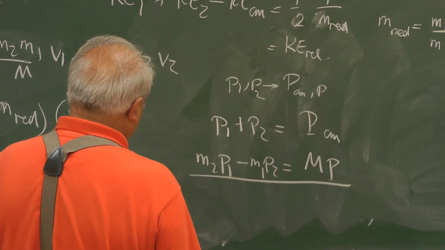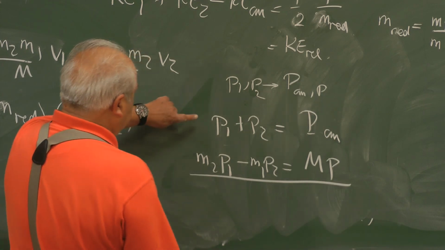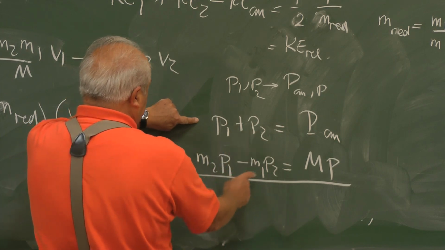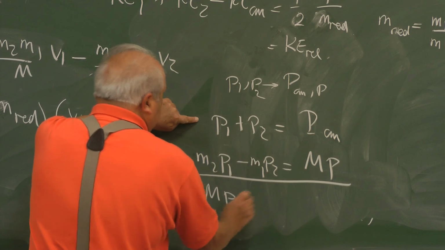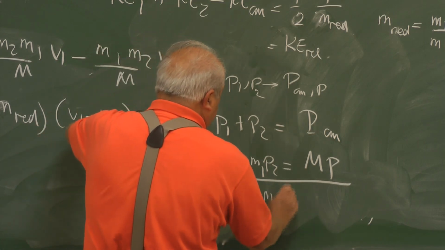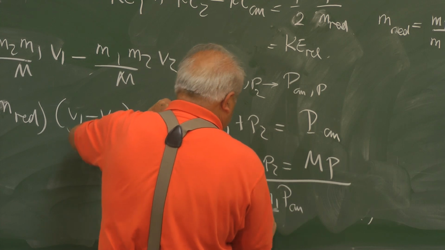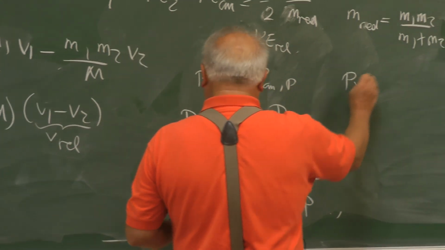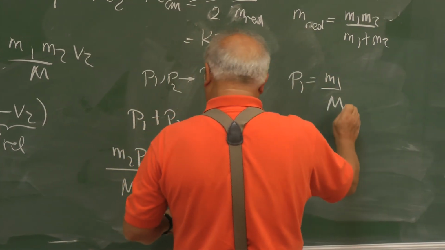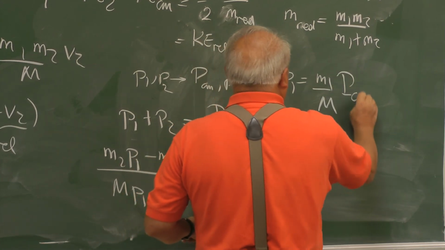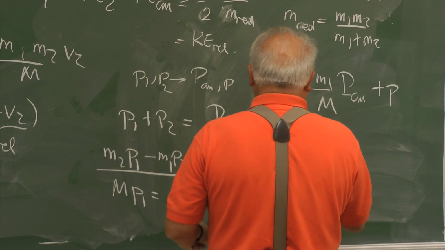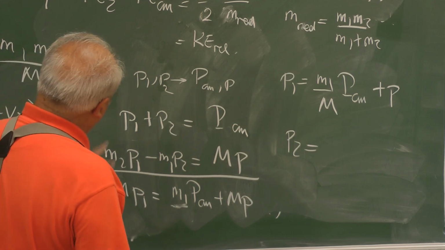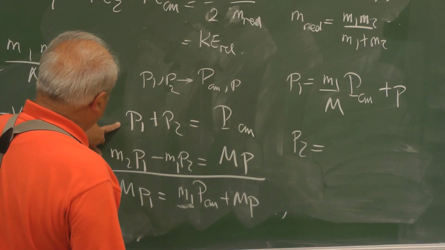To solve for P1, I multiply this thing by M1 and add these things, and P1 is equal to M1 over M P central mass plus P. And P2, to find P2, I eliminate this thing, I multiply by M2 and I subtract.